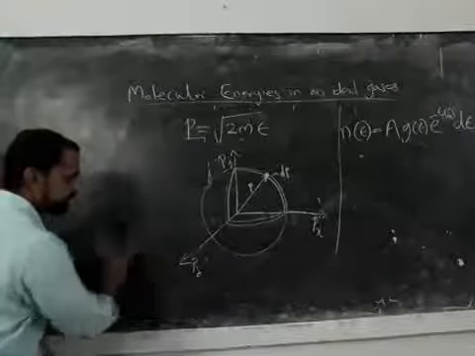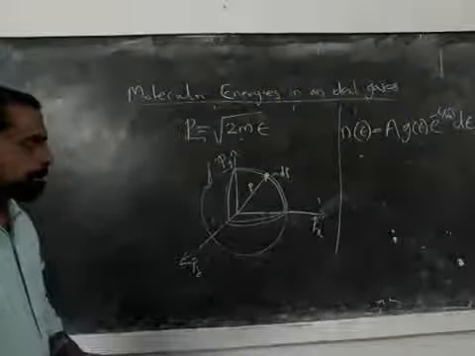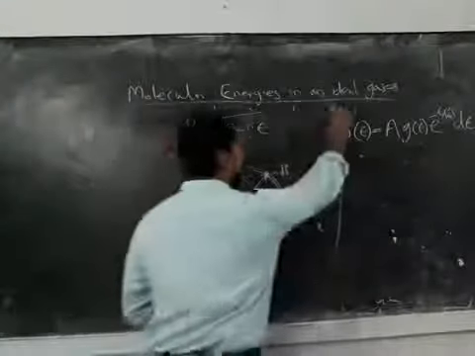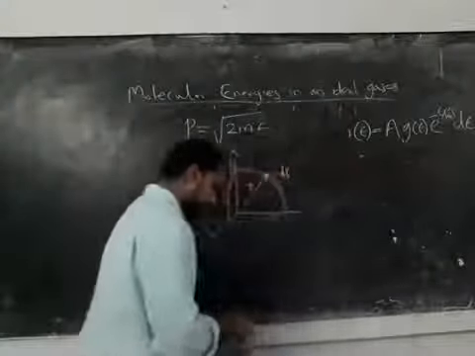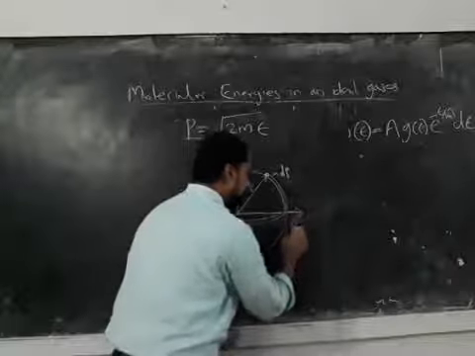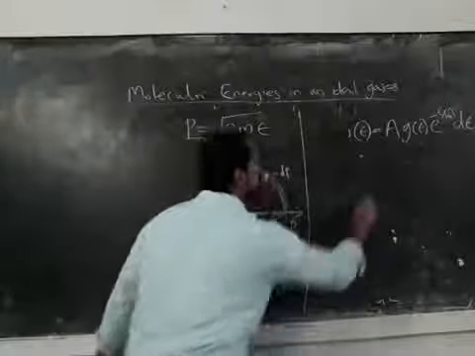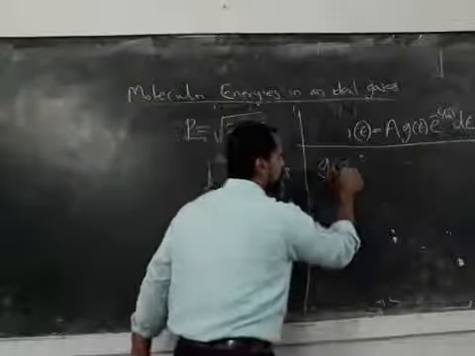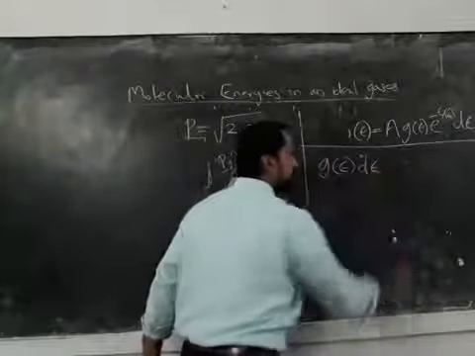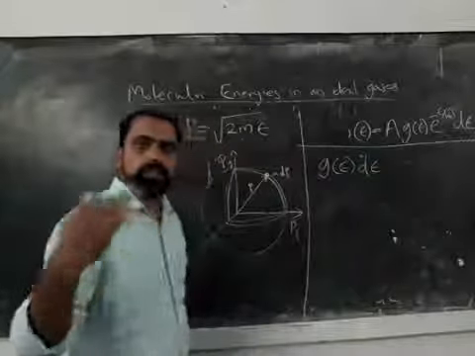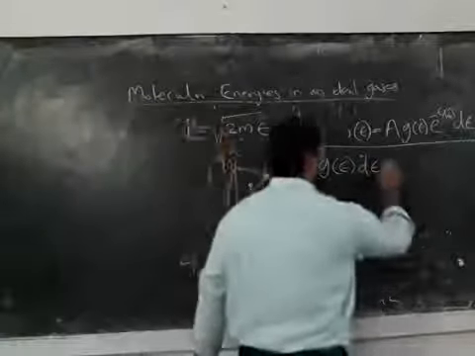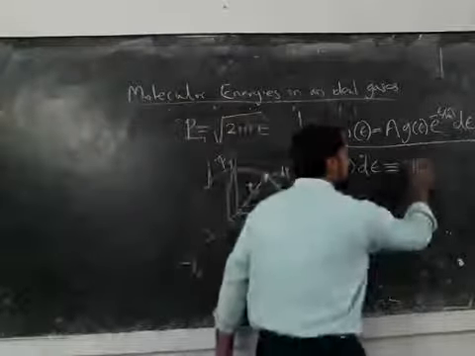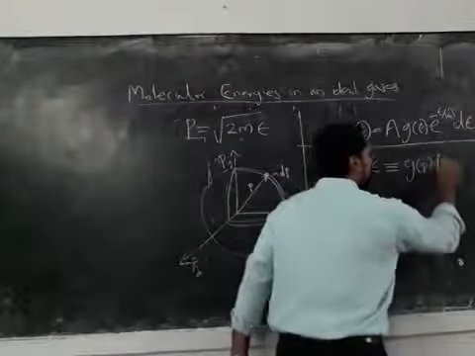Or basically you can write like this. I think this side we have a light issue, so I will write it here. This will make it short here. So what we said, g of epsilon d epsilon is the same as, or equivalent to, finding out g of p dp.